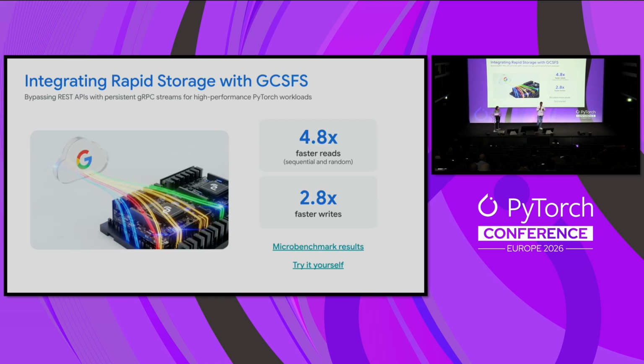So by integrating Rapid Storage into GCSFS, we observed a 4.8x improvement in both random reads and sequential reads. And we also observed 2.8x faster writes with the Rapid Storage integration into GCSFS. To talk about how we are able to achieve this, I'm going to hand it over to Ankita.